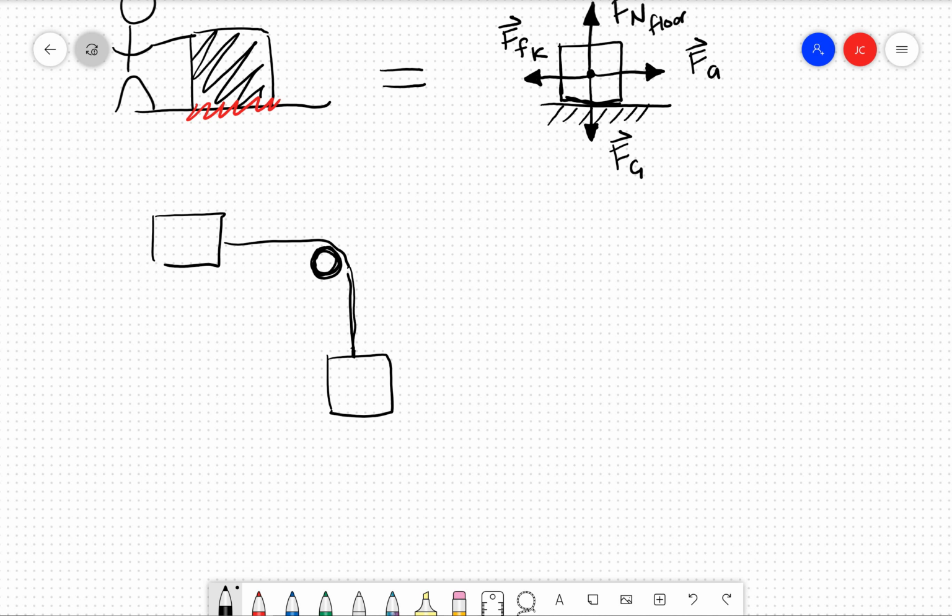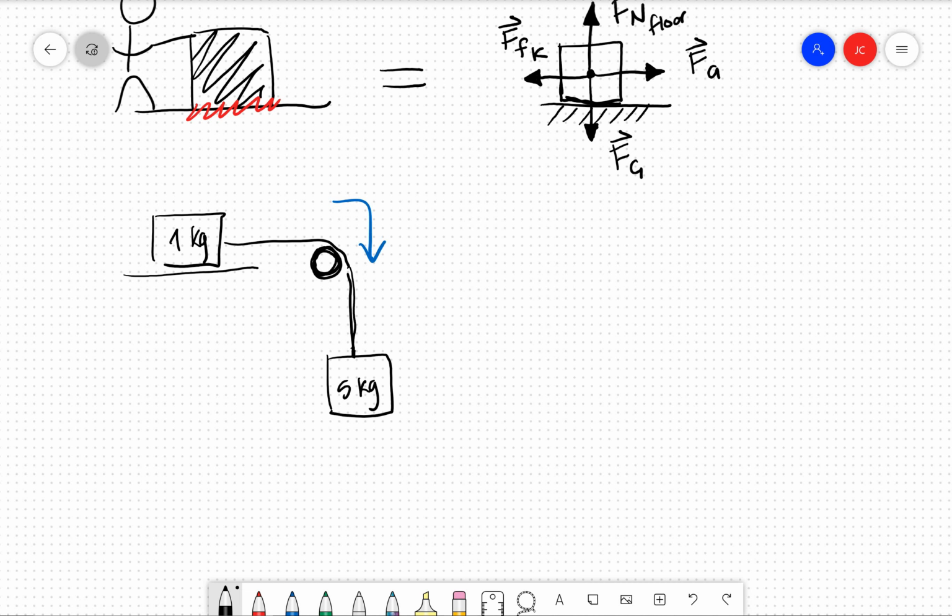Let's say hypothetically this one is heavier than that one, so 5 kilograms, 1 kilogram. The only reason I'm doing that is so that I can prove to you that this system is moving like this. Intuitively we could understand that the heavier box is going to start to pull the lighter one down, and perhaps this is on the floor. It doesn't really matter. So how would we diagram this system's free body diagram?